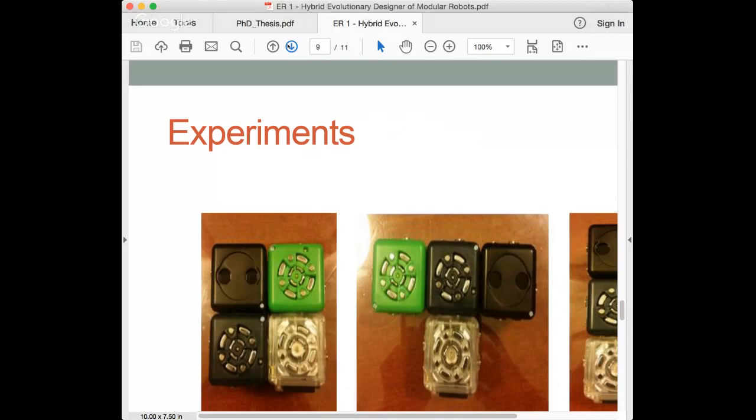Since the objective is to move forward as far as possible, we defined the fitness function to just measure the distance, and we assigned a threshold distance. If the robot succeeded to move that threshold distance, then we will consider the number of modules used. The maximum number of modules in our case is 6, of course, because we have only 6 cubes in the robotic kits that we used.